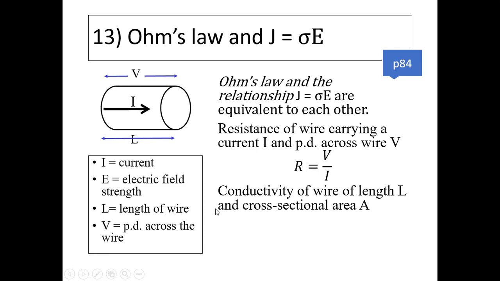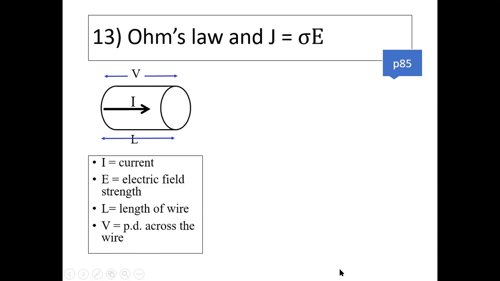The conductivity of a wire of length L and cross-sectional area A is given by that. Conductivity is 1 over resistivity, L R over A. Right? That's your Ohm's law, remember? That's what we have derived for you earlier. Conductivity is just that.